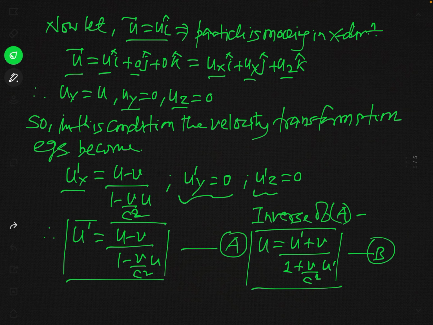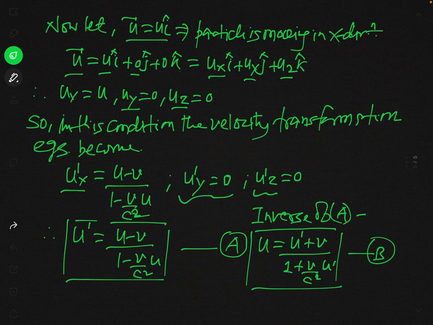So you can see from these equations A and B, if you know the velocity of the particle with respect to the inertial frame S, which is u, then you can find its velocity u prime, which is the velocity of the same particle with respect to the frame S prime.